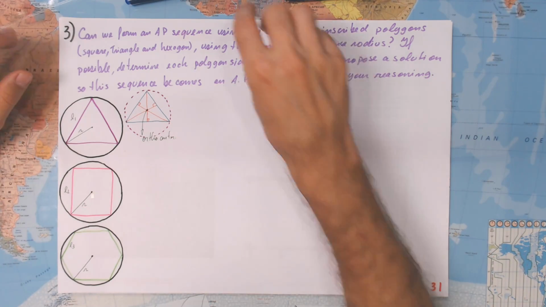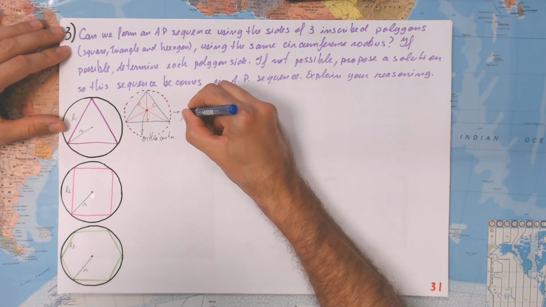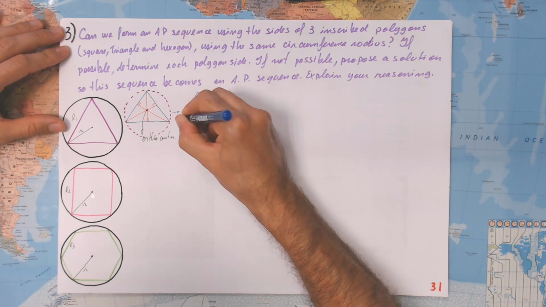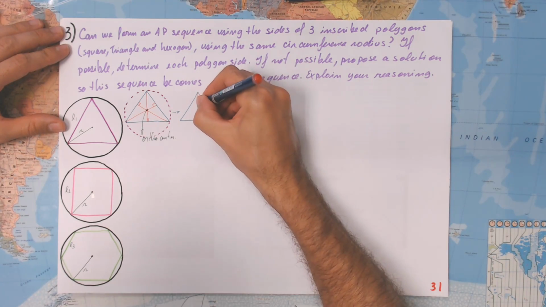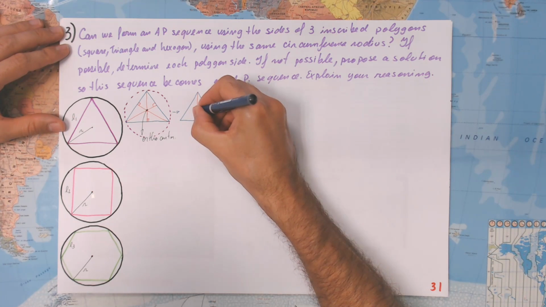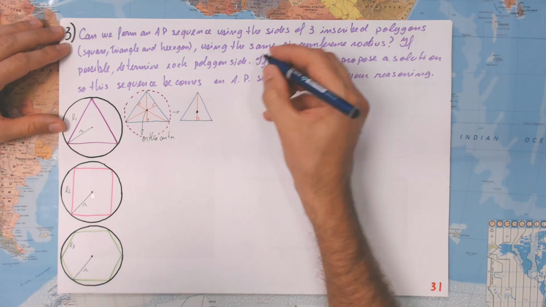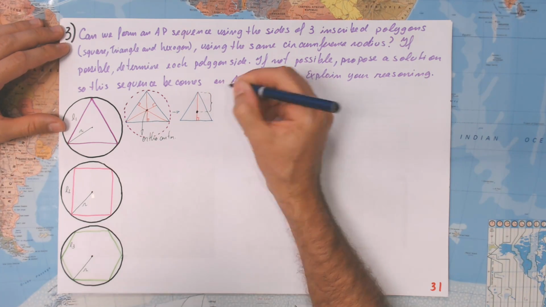Now, once we know this, let's make a simple drawing. Again, let's make the height in here. This is the orthocenter, and this is very important. Why? Because this is what we want, right?